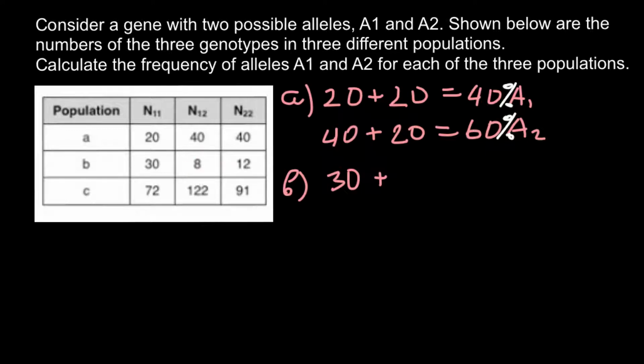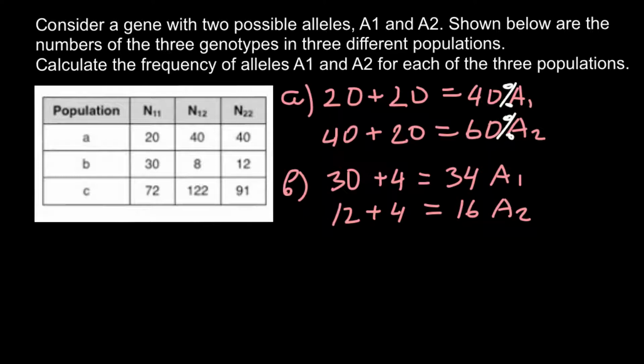So plus 4, and this gives us 34 A1 alleles in this population. We also have 12 individuals with genotype A2A2, so 12 plus half of the heterozygous number, 12 plus 4, gives us 16. This is the number of A2 alleles.